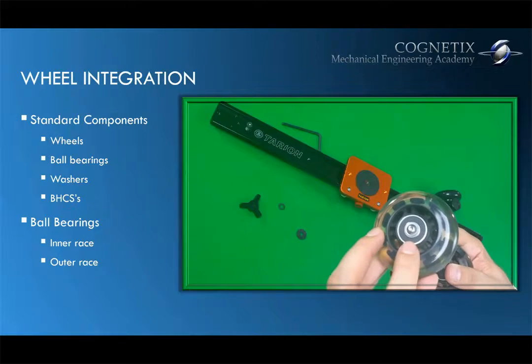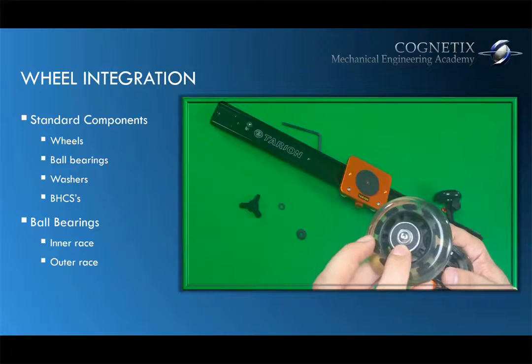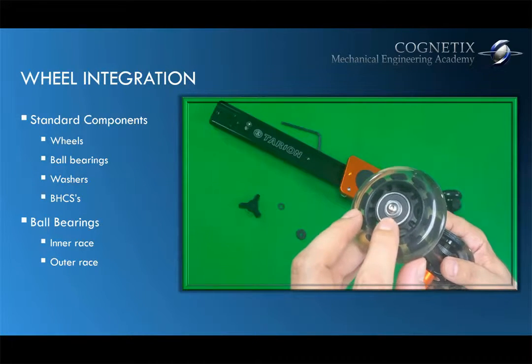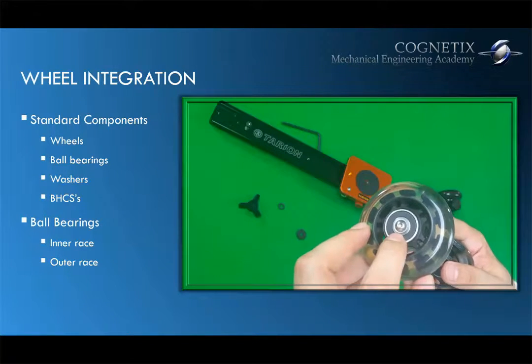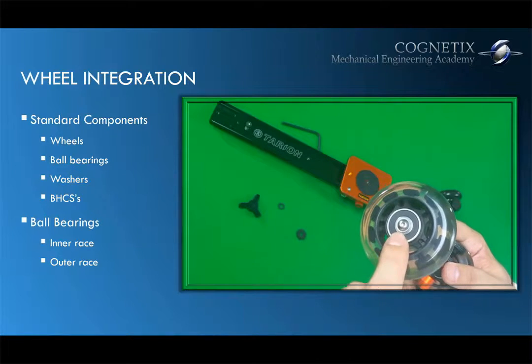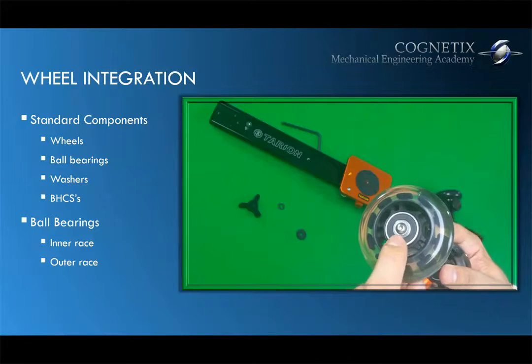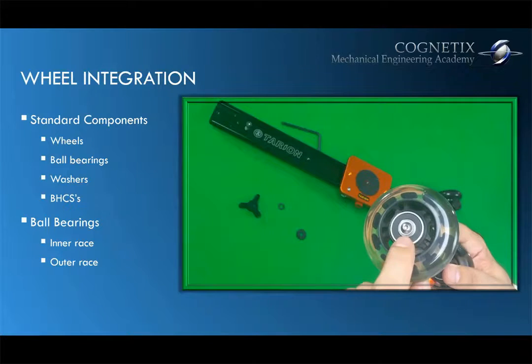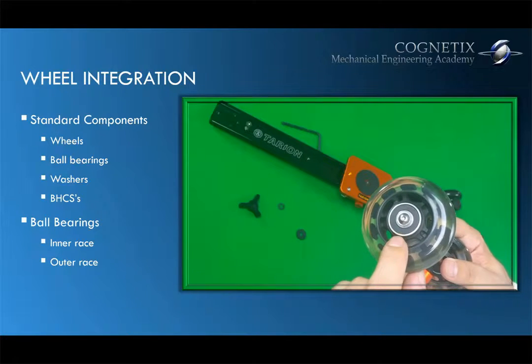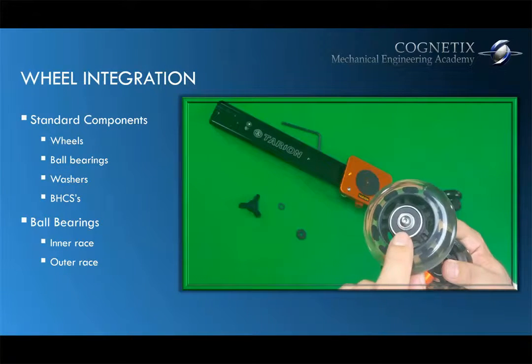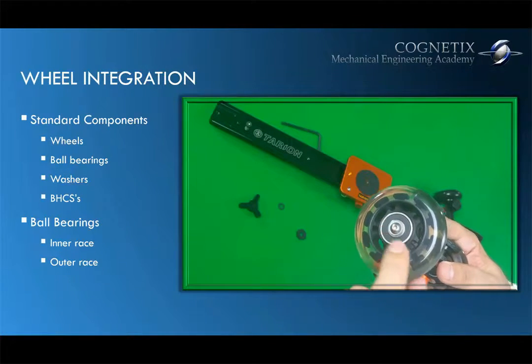And what we have is what we call the inner race. See if I can get a little bit closer. The inner race is that cylindrical sleeve made out of hard metal that I'm pointing to. This is the inner race. This is the outer race. So between the outer race and the inner race, you have the ball bearings.